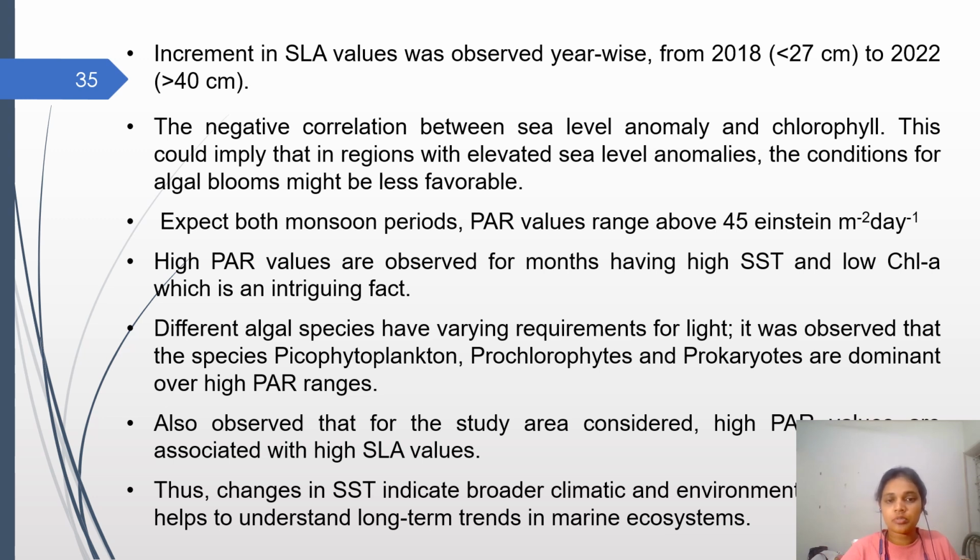And except for the monsoon period, these PAR values are above 45 Einstein per meter square per day. And the algal species like prochlorophytes and prokaryotes are highly dominant over high PAR ranges. These all were the inferences of our study.